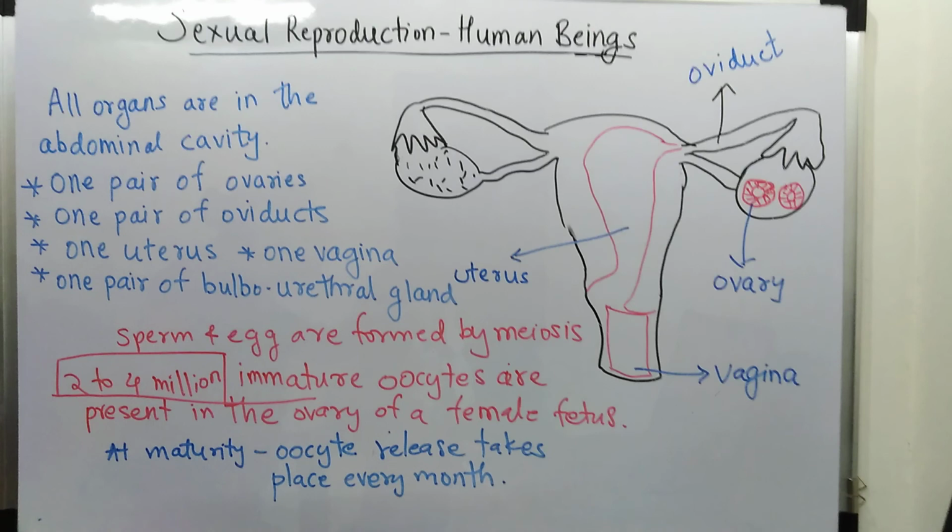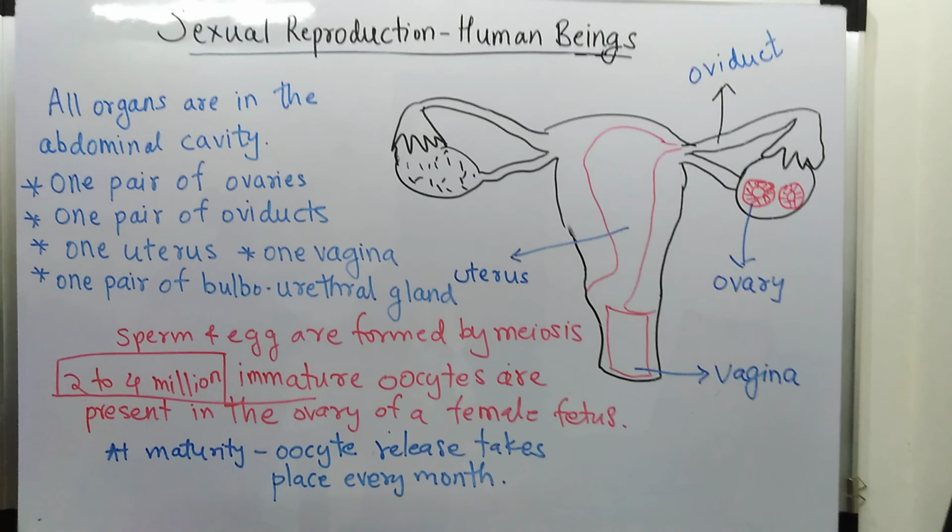Till when? Till the age of approximately 45 to 50 years, the age of menopause. When the oocyte stops being released, that is called menopause, meaning paused. The menstrual cycle has paused. This oocyte release is what causes the menstrual cycle in a woman.